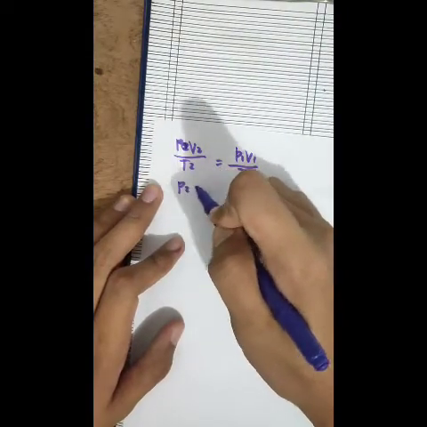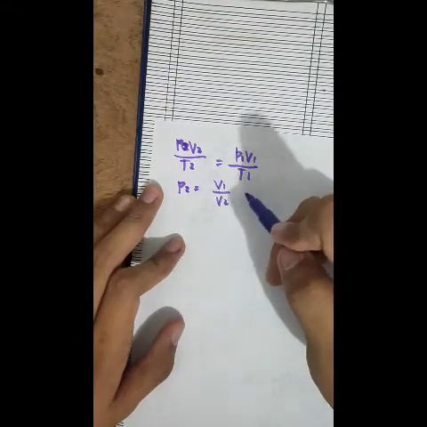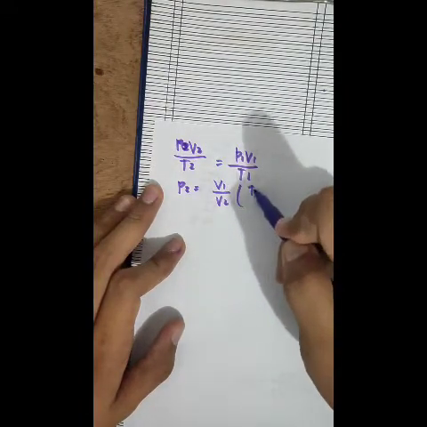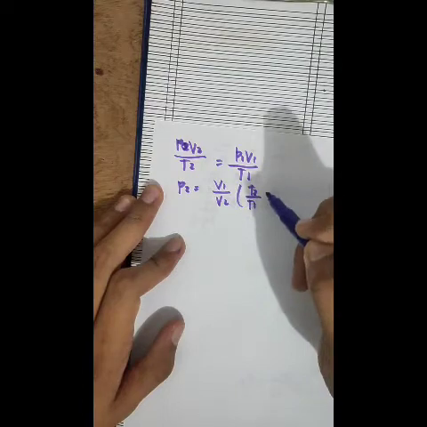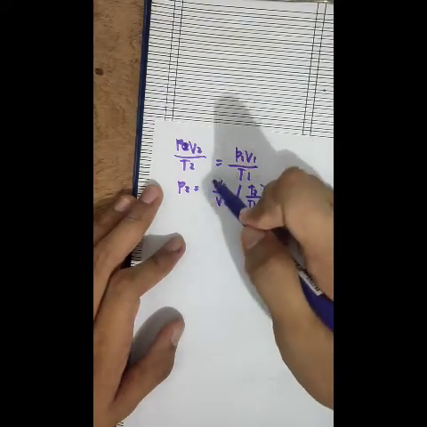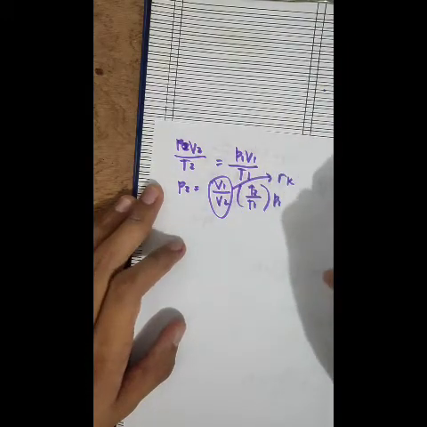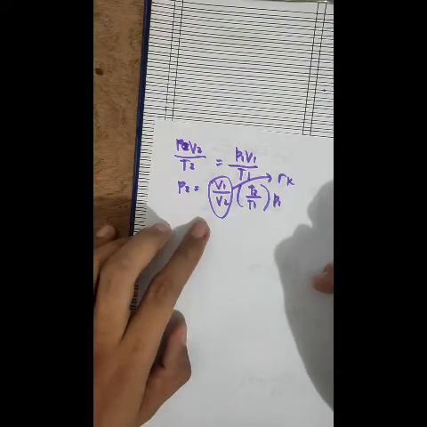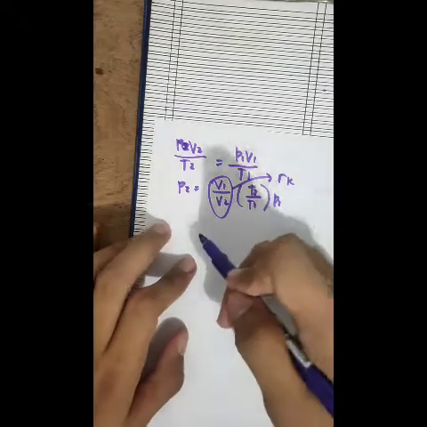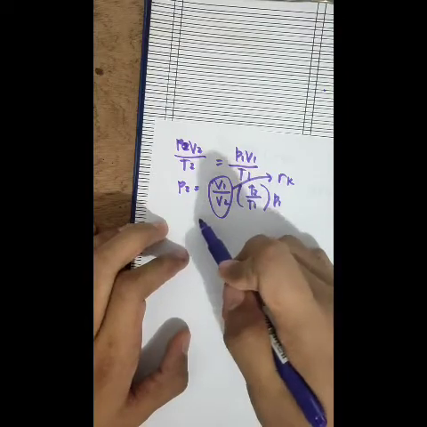So P2 is equal to V1 over V2 multiplied by T2 over T1 times pressure 1. So this V1 over V2 is equal to RK, so we substitute all the data here.